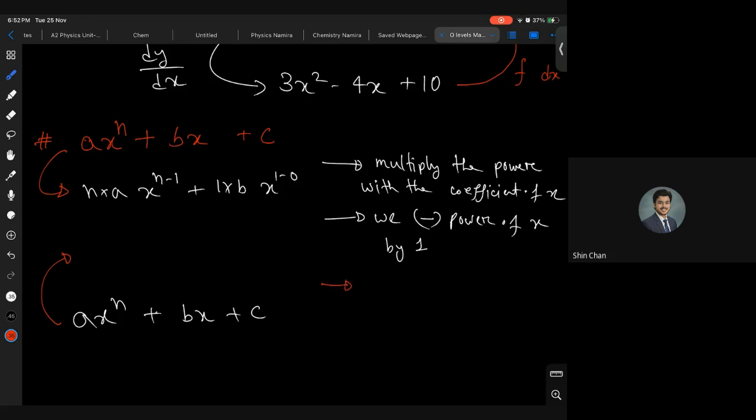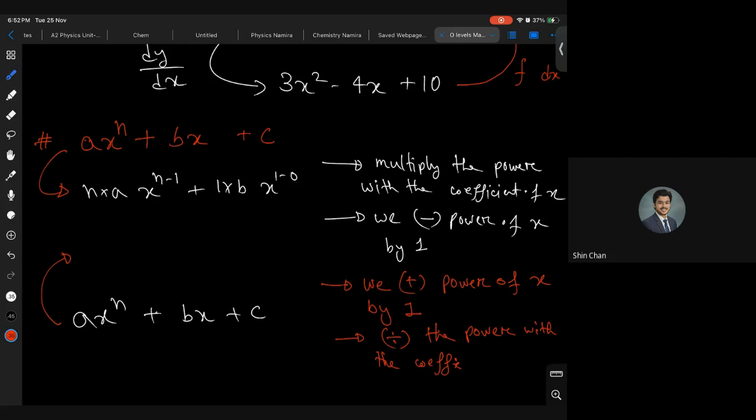So let's say we add power of x by 1, and then we divide the power with the coefficient.